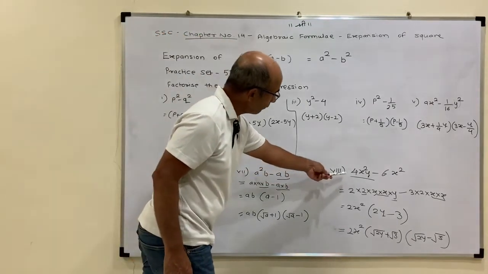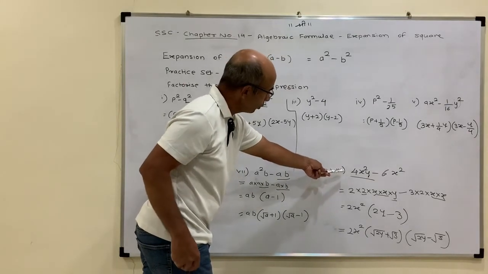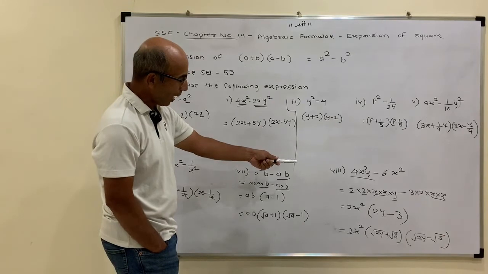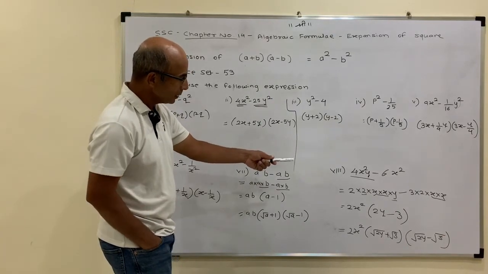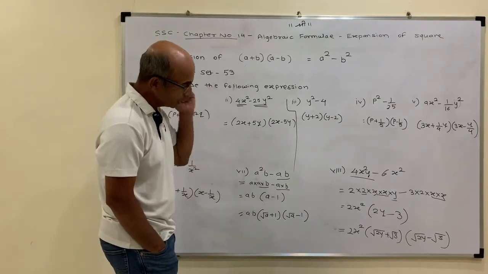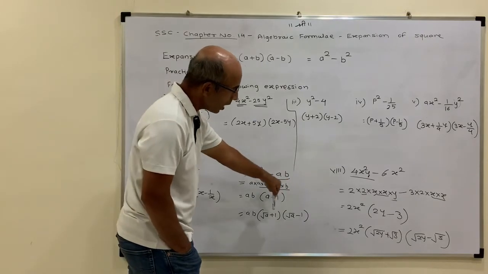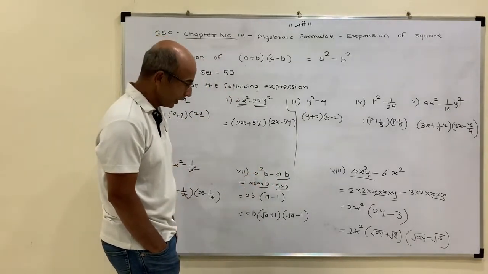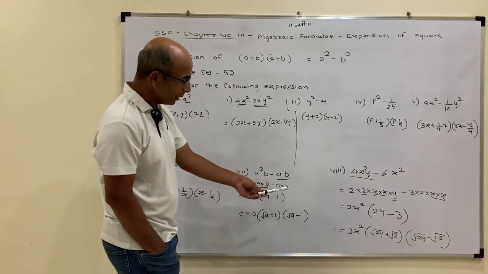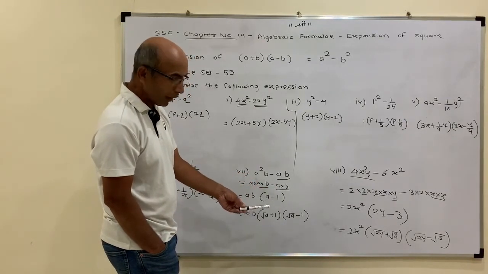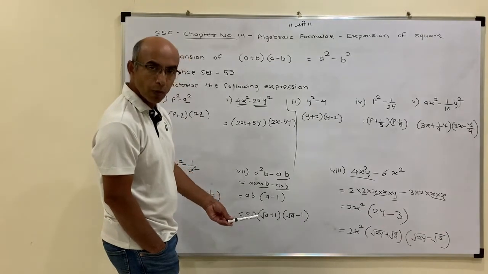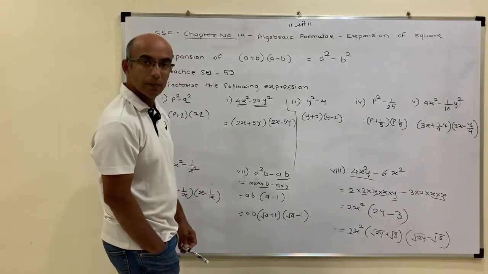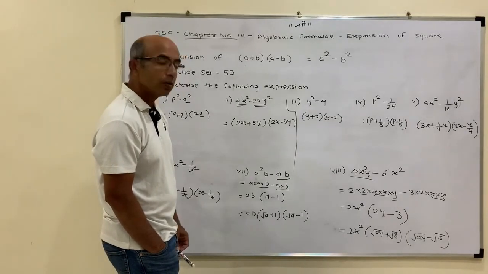Understand? I am factorizing further. 2 into 2 is 4, x square into y, and then I factorized 6 as 3 into 2, x into x. So 2x square I have taken out, and in my bracket what is left over is 2y minus 3. So 2y minus 3 can be factorized as (square root 2y plus square root 3) into (square root 2y minus square root 3).